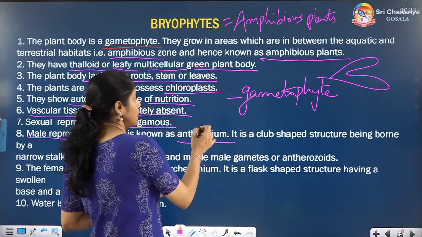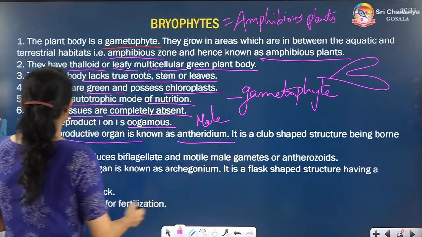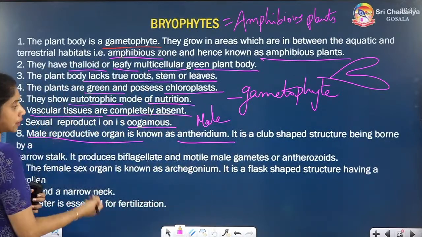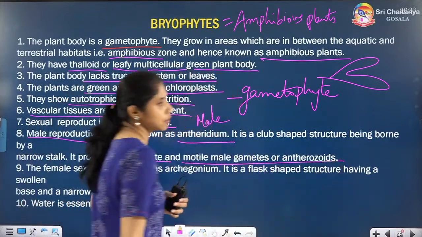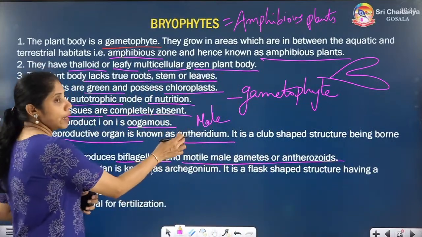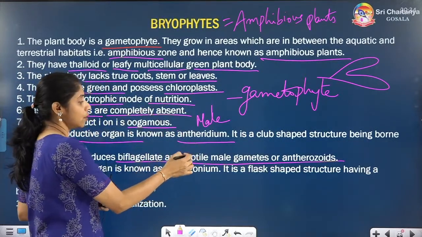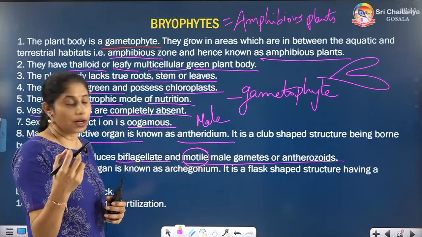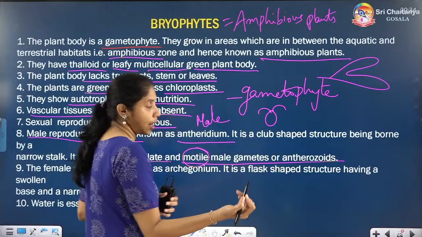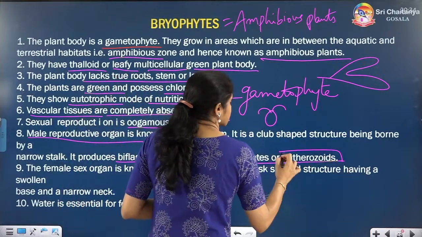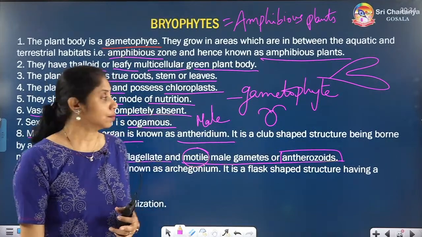So antheridium is the male reproductive organ, and it contains antherozoids. It contains a stalk and it contains biflagellate motile male gametes, antherozoids. The male reproductive organ or male sex organ is called antheridium, and the male gametes will have motile structures, that means flagella are there. And how many flagella are there? Two flagella are there, biflagellate, and their name is antherozoids. Or you can simply call them male gametes also.